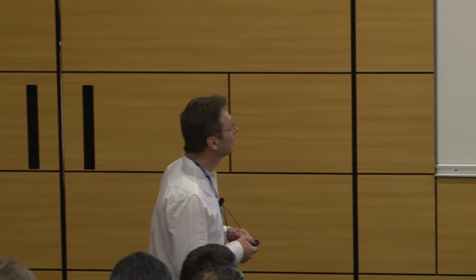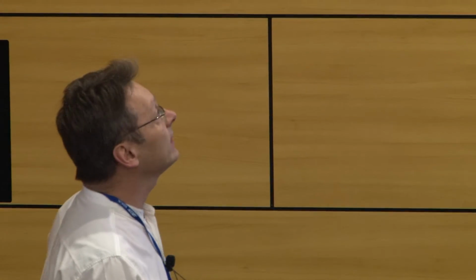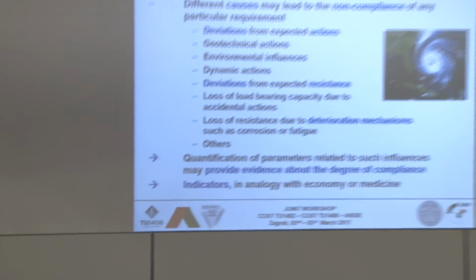So when we are talking about risk control by means of inspections and alarm systems, we normally refer to the phase of use of a structure. Now, different causes may lead to the non-compliance of any requirement.